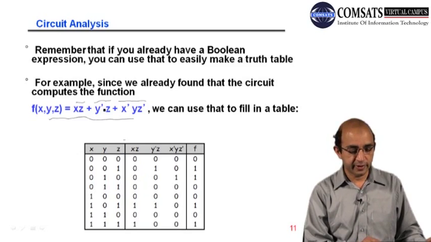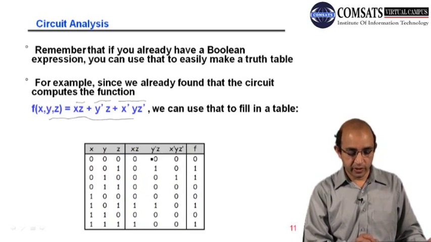As you have 3 different variables, we will be having 8 different combinations as an input. So you can compute xz, y bar z bar, and x bar y z bar, that are the terms of that Boolean function. Here we will be computing the AND operation between x and z.